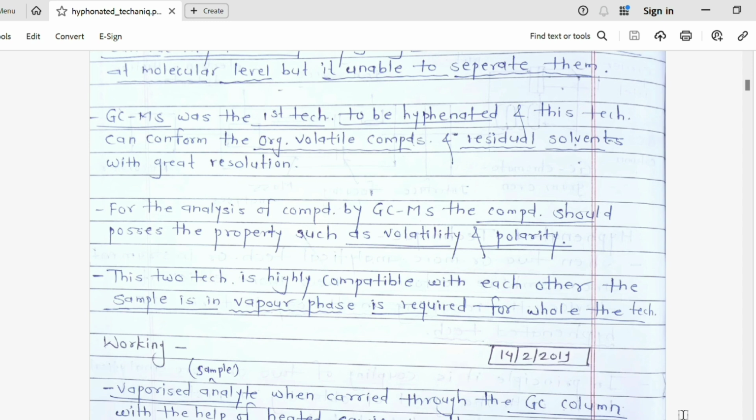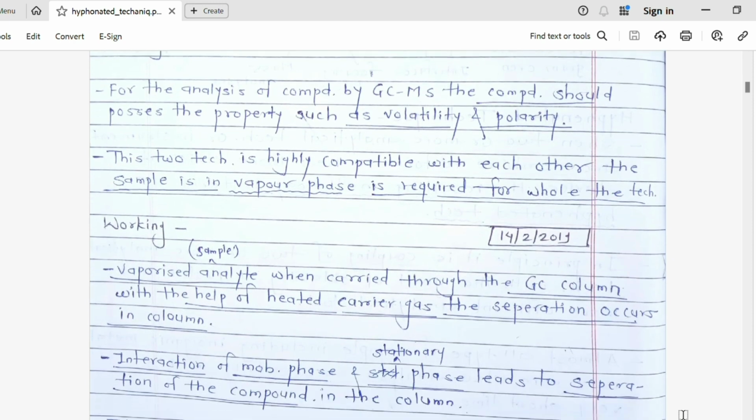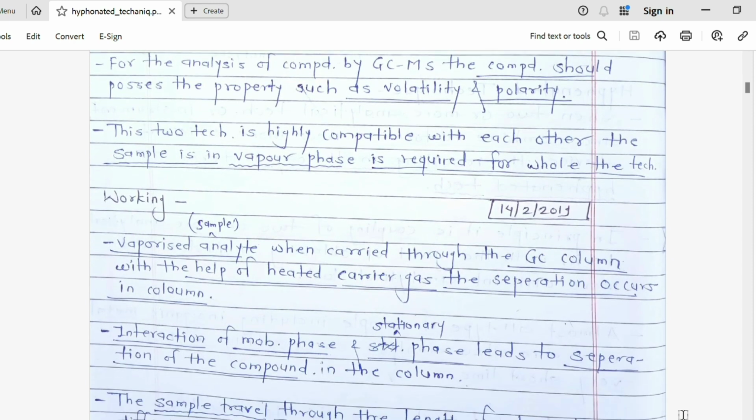These two techniques are highly compatible with each other. A sample in the vapor phase is required for the whole technique.